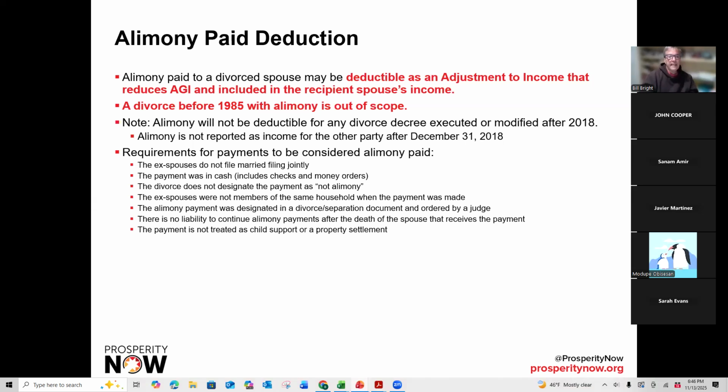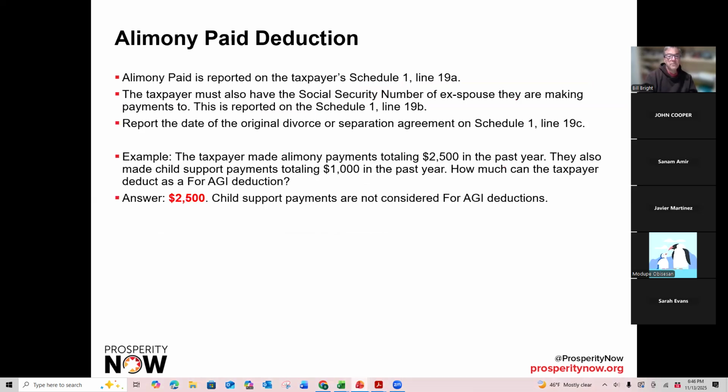Again, there are things that may negate that. So in other words, the ex-spouses did not file jointly. The other one hasn't, none of them has gotten remarried. Again, none of this includes things like child support, any kind of property settlement. This is strictly court-imposed alimony.